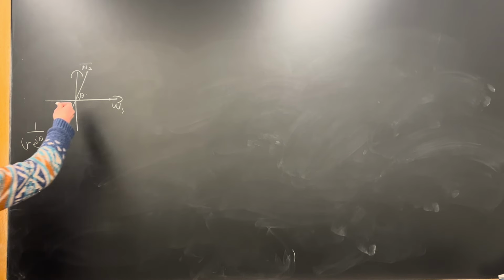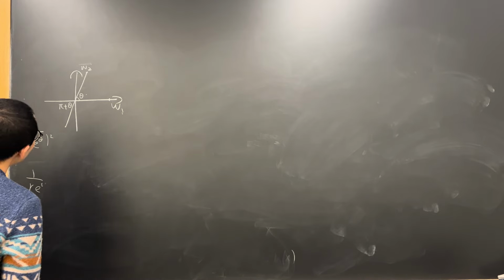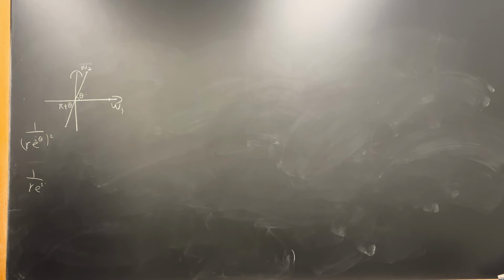So this is not true. I think I can only go diagonal, like a reflection based on the origin, but I cannot do any reflection on either the real or the imaginary axis.